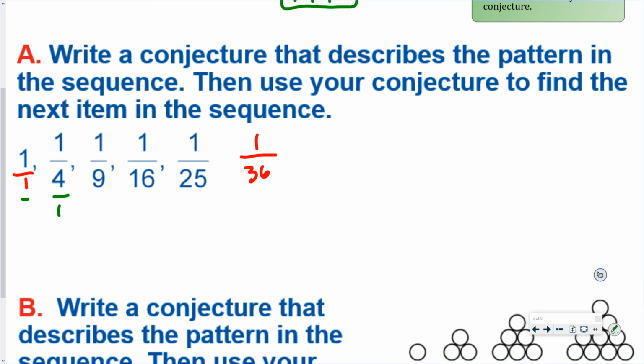But here I have 2 squared, 1 over 3 squared, 1 over 4 squared, 1 over 5 squared. So my conjecture was, hey, the next term is going to be 1 over 6 squared, which is 36.